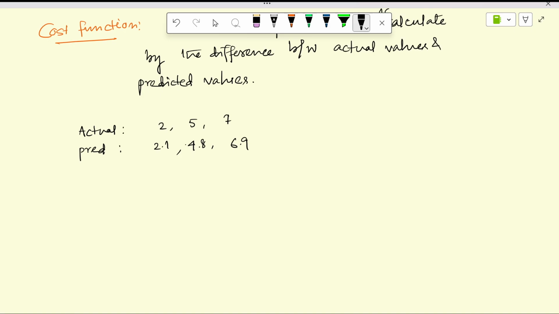Then the cost function will be like, let's say, the difference. First take their difference, then take the next difference, then the next: that is 0.1, that will be 0.2, that will be 0.1. So using those values, combining those values, we calculate the cost function.